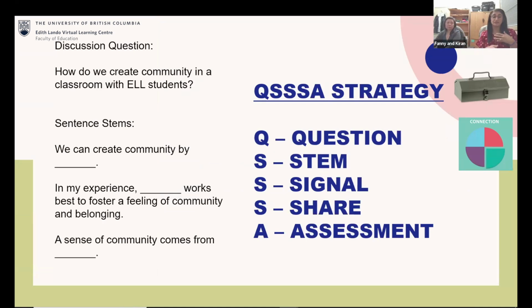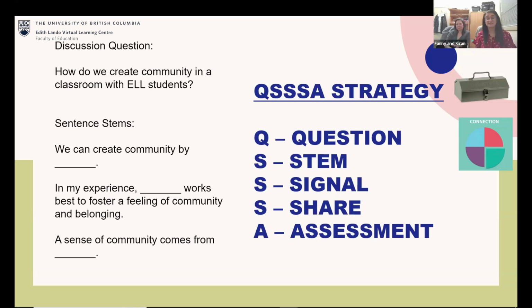So how this could look is I might pose a question to my class and have a series of sentence stems up on my whiteboard or up on a piece of chart paper. And my signal to the class is, please stand up when you have a sentence and you are ready to share. Once I see that most of my class is standing, then I'm going to say, okay, time to find a buddy in the classroom. A silly one that we like to use is find your soul mate.